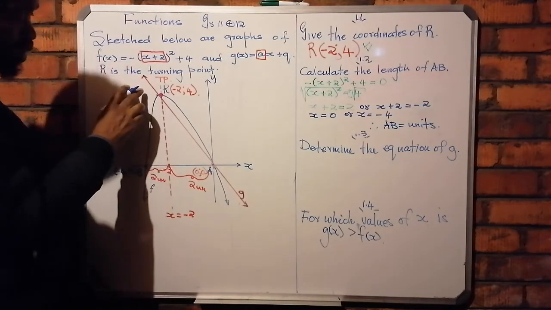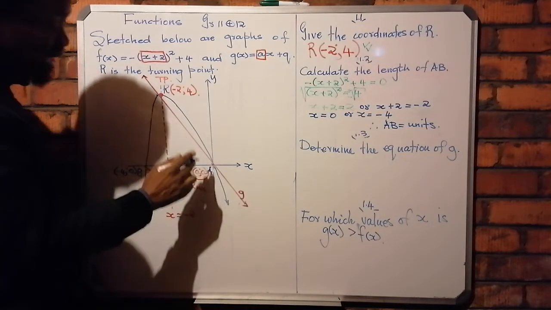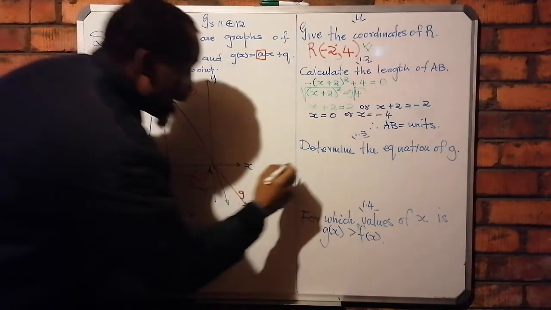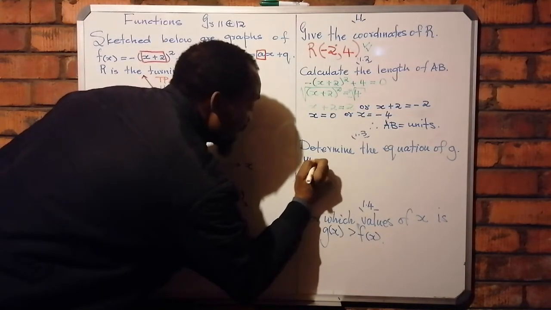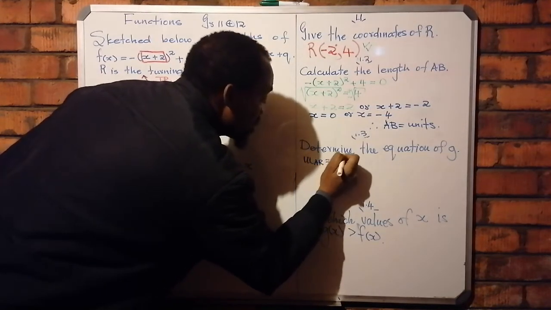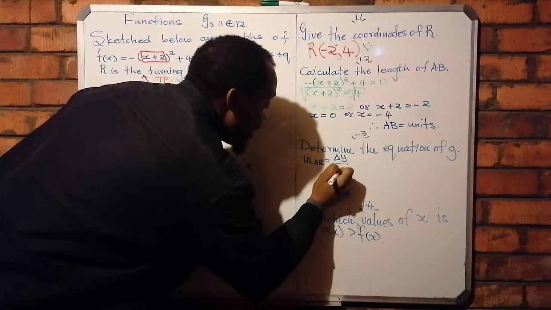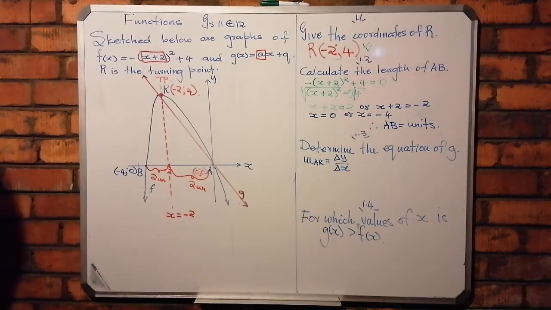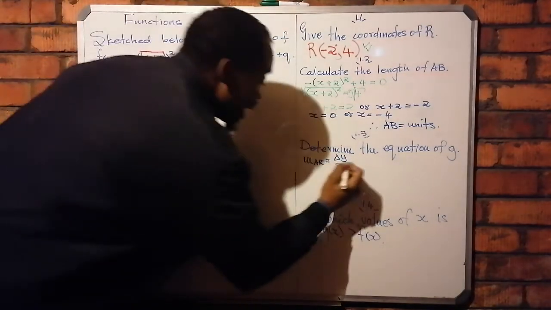The gradient of line AR, because point A and point R lie on that line, is equals to change in y divided by change in x. That is y2 minus y1 divided by x2 minus x1.